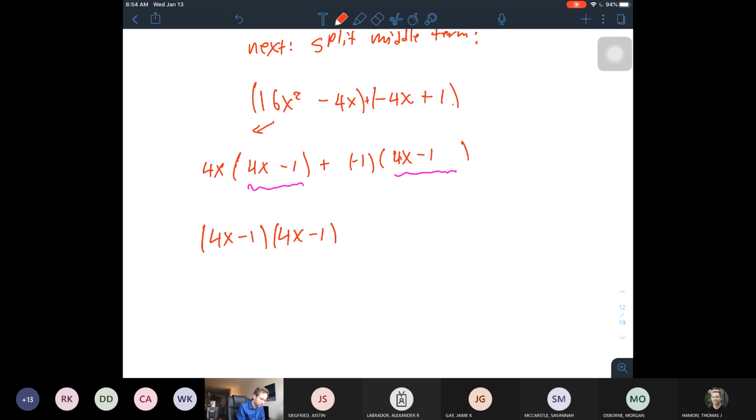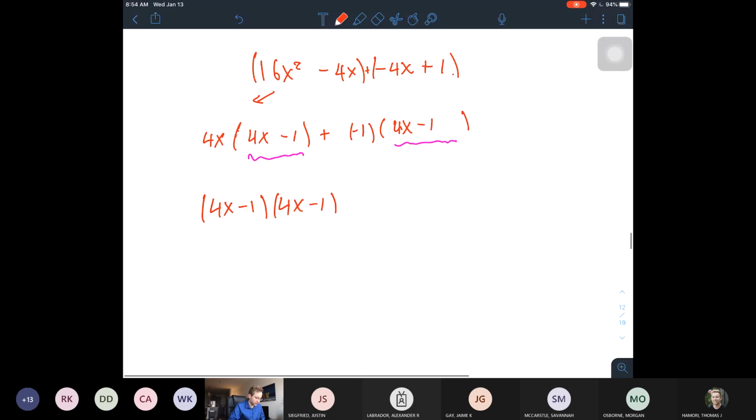Right? It's like I distributed 4x onto this piece and then 1 onto this piece. That's how I would go up one level. But I'm going to do the reverse. I'm going to anti-distribute and combine this 4x and this minus 1 here into this first term. Okay, so that's how we do the grouping method.